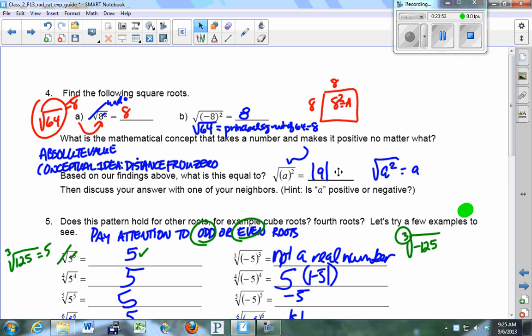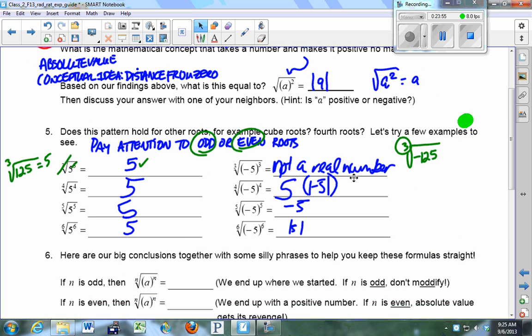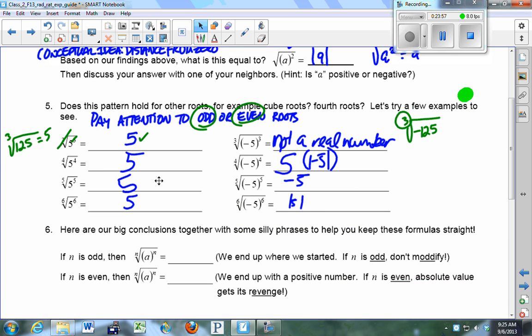The absolute value applies to even roots, square roots, fourth roots, sixth roots, not odd roots, because we can find a number that we cube to get -125, and that is -5. It's right there. So this has an answer. It's -5.